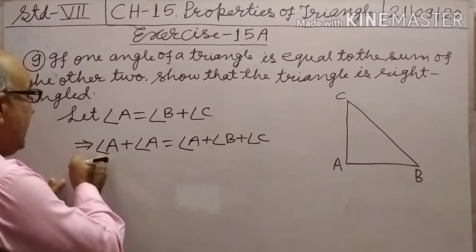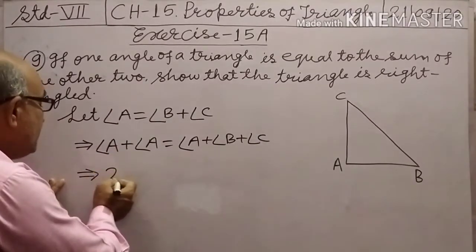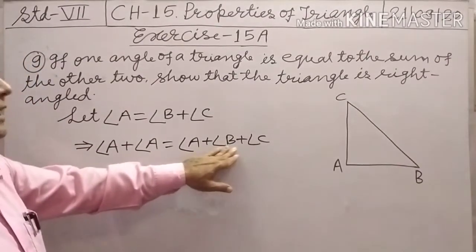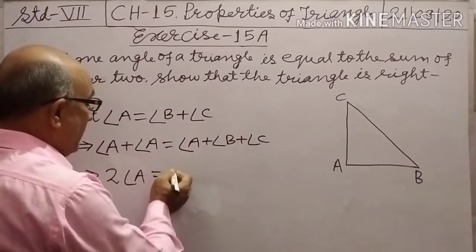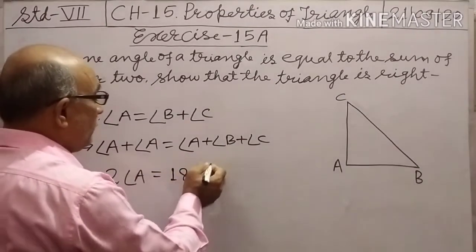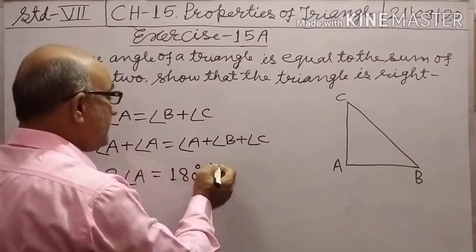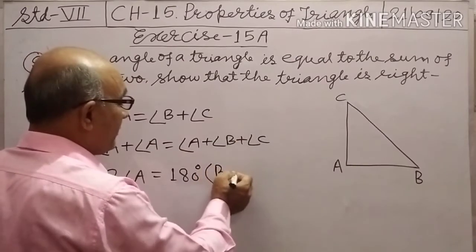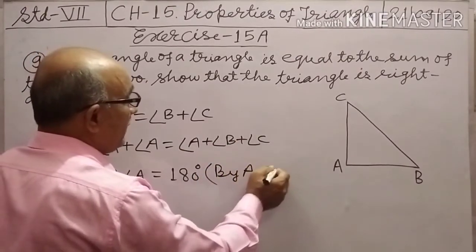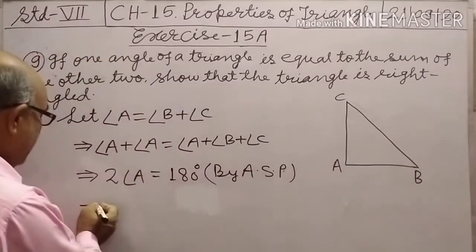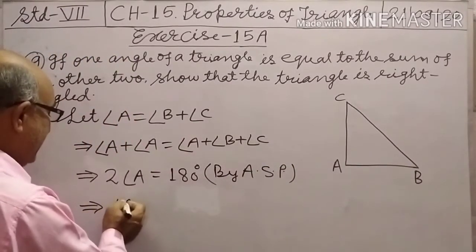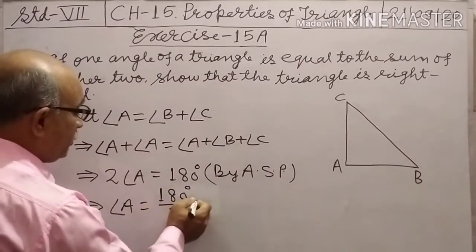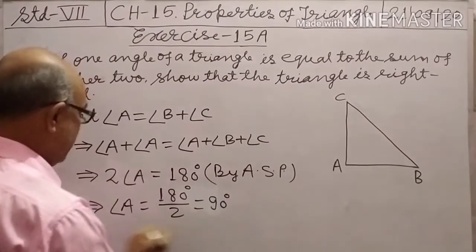That implies next step is angle A plus angle A means 2 angle A. Now angle A plus angle B plus angle C is 180 degree. Why? Because the sum of the angles of a triangle is 180 degree by angle sum property. Next step, that implies angle A equal to 180 degree by 2 equal to 90 degree.